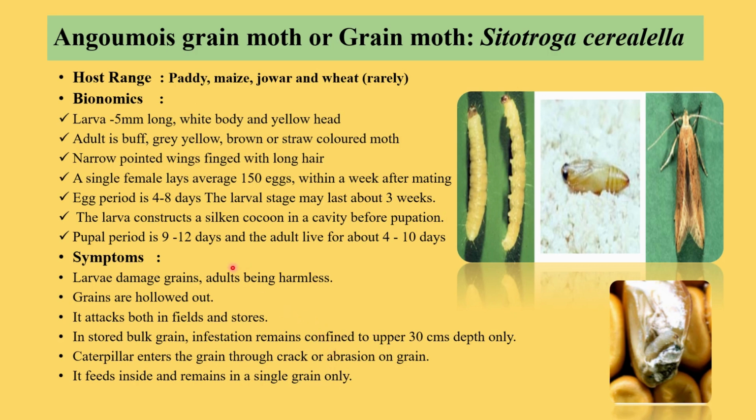If not, it will cause heavy damage to the crop or grains. Coming to the larval stage, it is white with a yellow head, and it pupates in a cocoon inside the grain. The adult is dirty yellowish brown with narrow pointed wings completely folded over the back in a sloping manner. These are some of the identification marks of the grain moth.